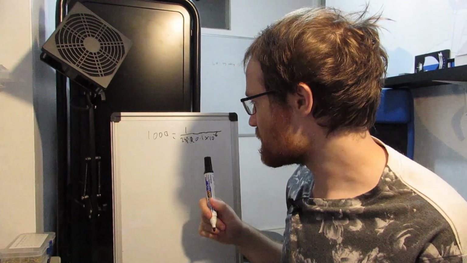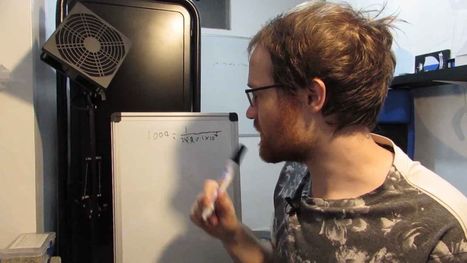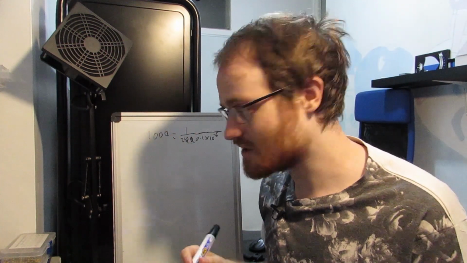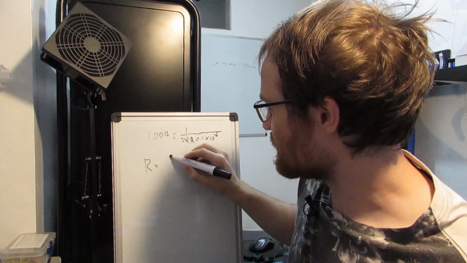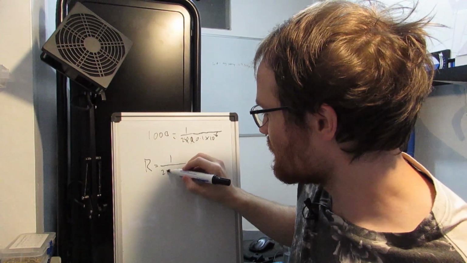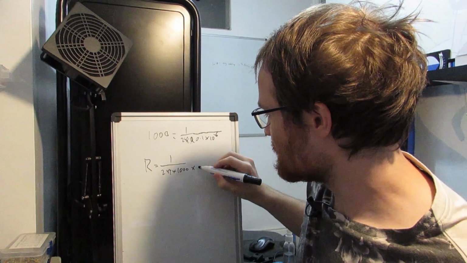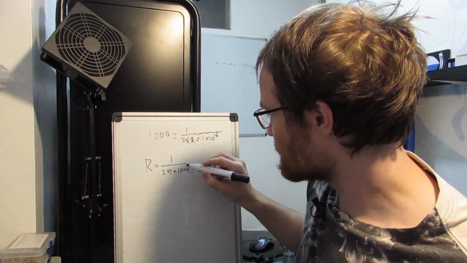So now all I need to do is times through by R and divide through by 1000 to get R here and 1000 down here, so I can solve for R. So R equals 1 over 2 pi times 1000 times 0.1 times 10 to the minus 6.